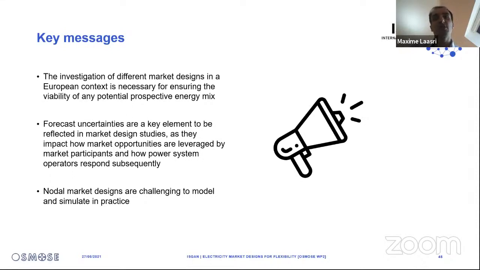We also think that it's challenging to model and simulate in practice, but it parallels the complexity that we could face if we implement such market designs in practice. So there were many challenges that we did or did not foresee when conducting the study.